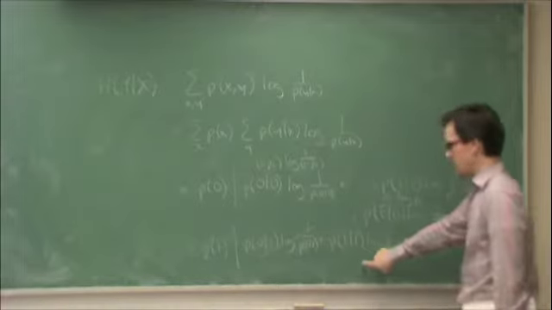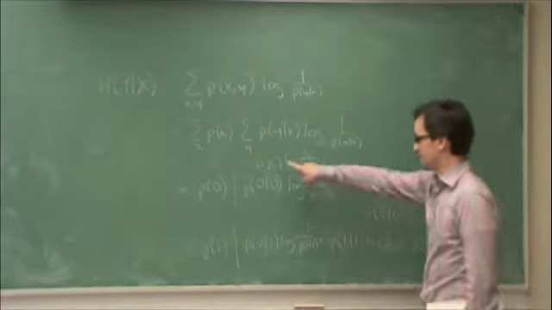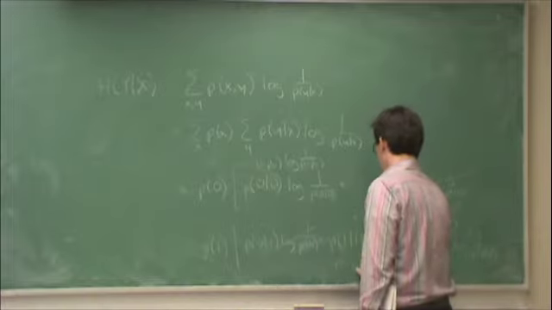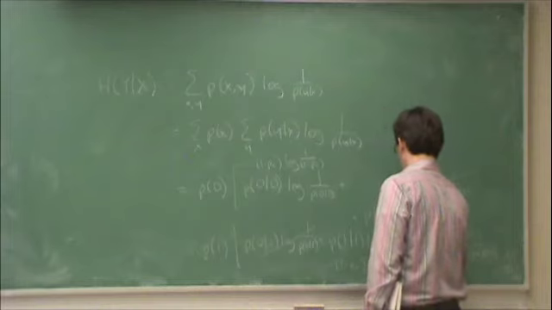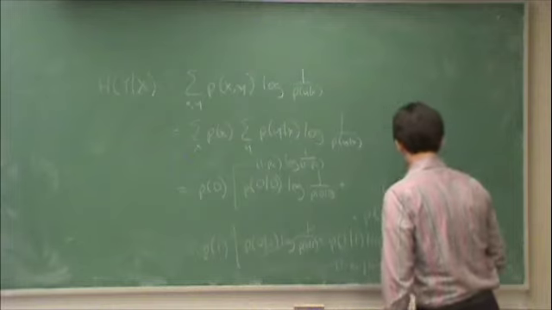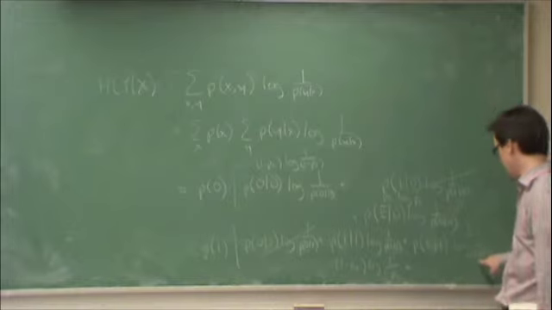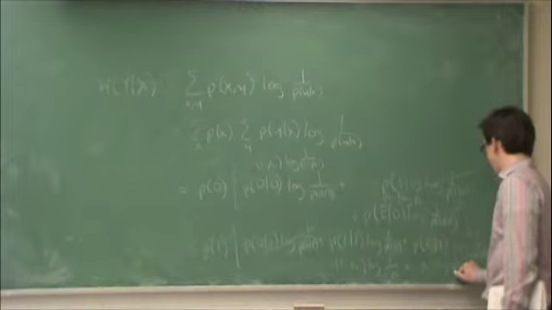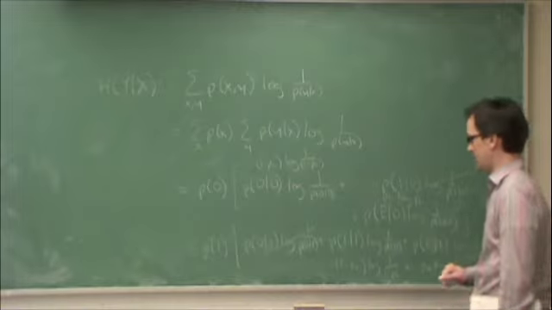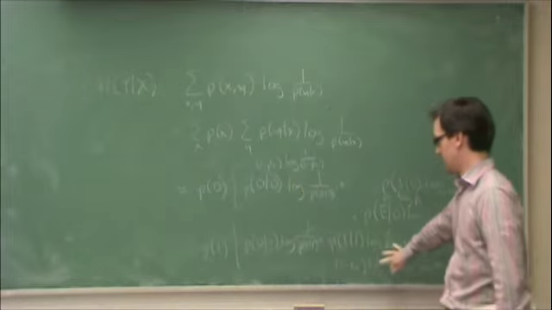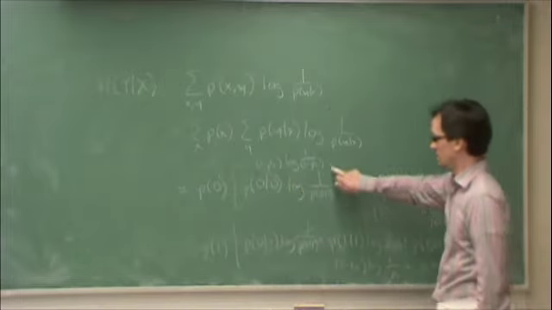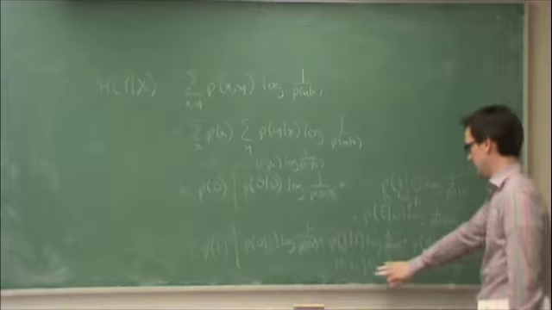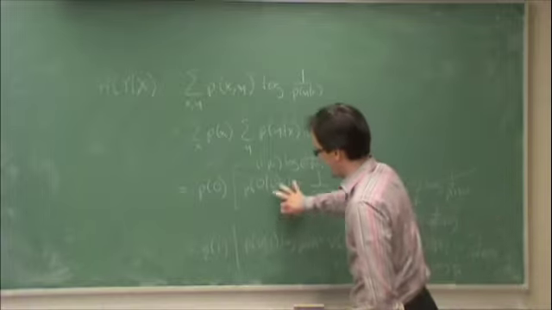Down here, probability 1 given 1 is also 1 minus pe, so this is 1 minus pe log 1 over 1 minus pe, plus probability E given 1 is pe, like so. So in fact, I have the same term under both brackets. It's 1 minus pe log 1 over 1 minus pe, plus pe log 1 over pe. Same thing appears here. So I can take that out.